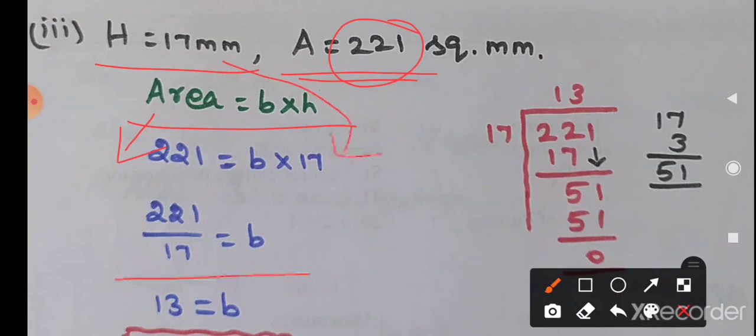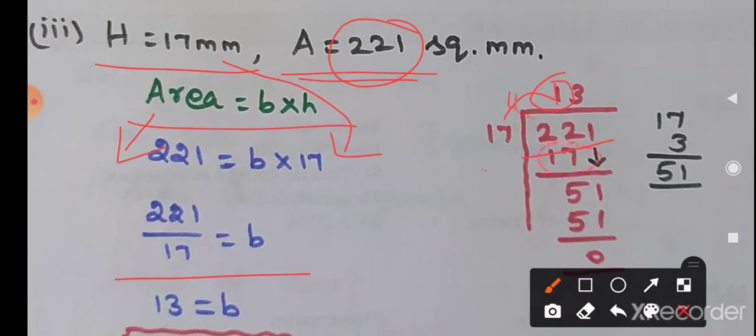Here division. 221 by 17. First two numbers, 22. How many 17s are there? Only one, so we put 1 here. Then 1 into 17, so I put 17 here. 22 minus 17 is equal to 5.